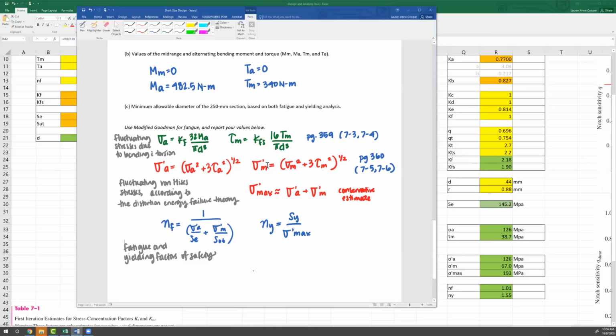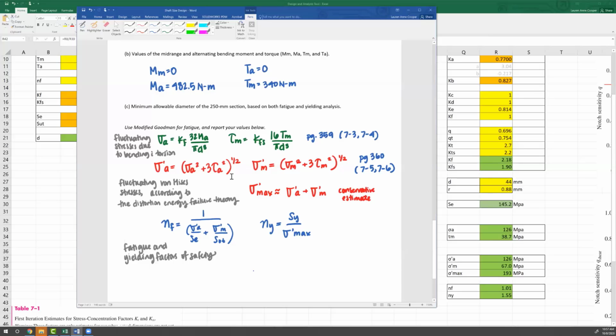Then sigma prime M is a function of sigma M and tau M, and in this case sigma M is 0, but our tau M is non-zero. That's what is happening here in my tool. You'll see that sigma prime A is not any different than sigma A, but sigma prime M is. These fluctuating von Mises stresses are found on page 360 for the 10th edition, equations 7.5 and 7.6.